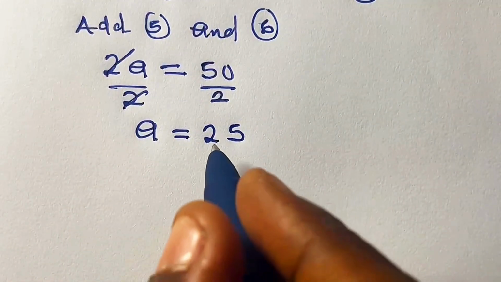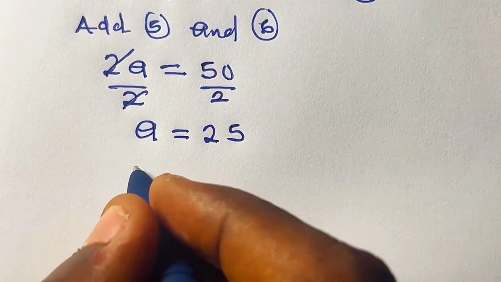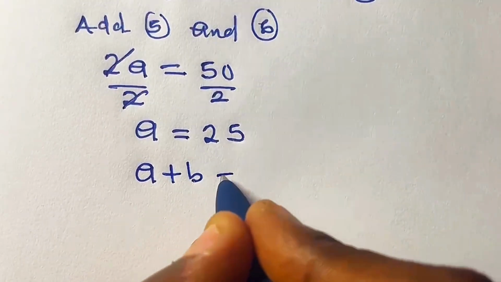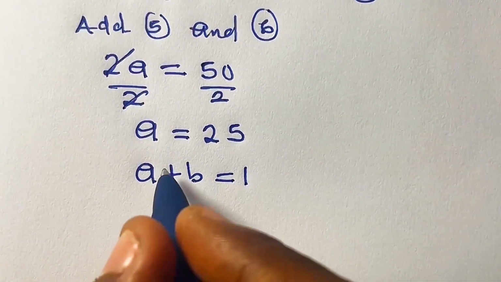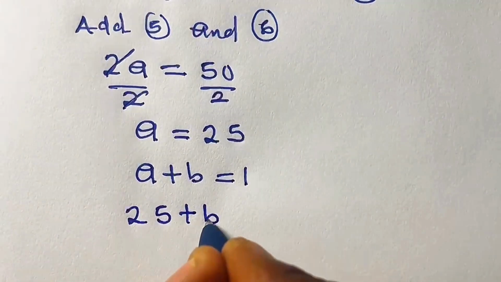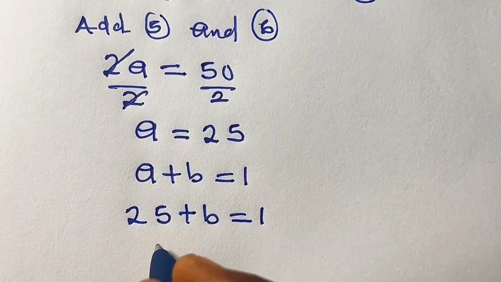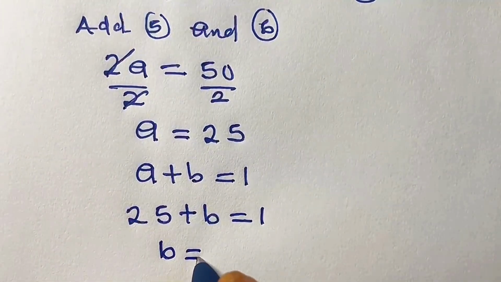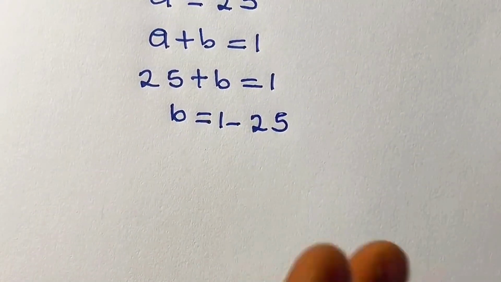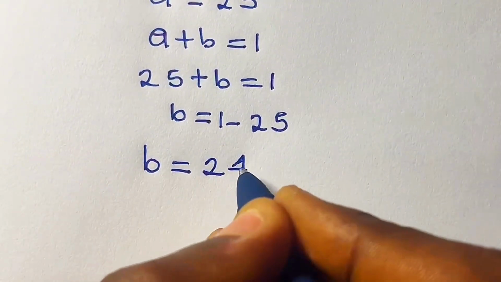So therefore, we can substitute this into equation 6. We have a plus b equals 1, right? So when a equals 25, 25 plus b equals 1. To obtain b, we transfer this to the other side. So we have b equals 1 minus 25, and we will have b equals minus 24.